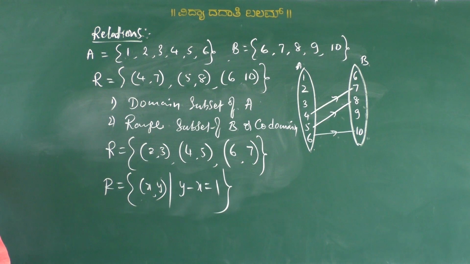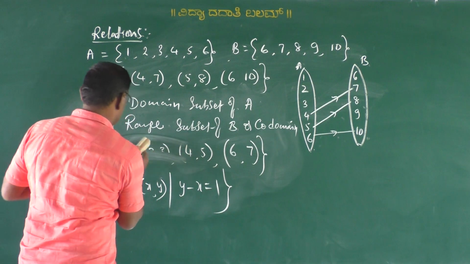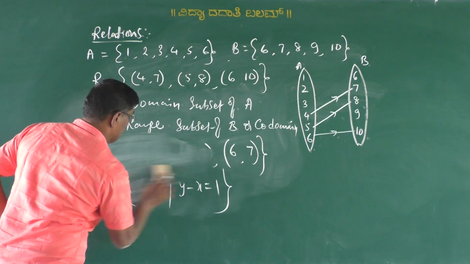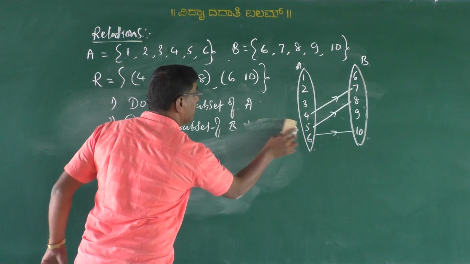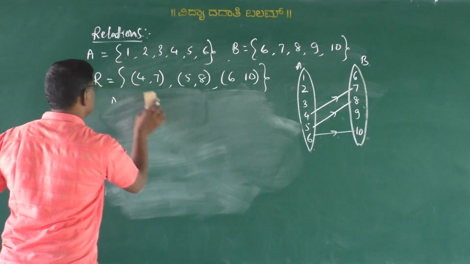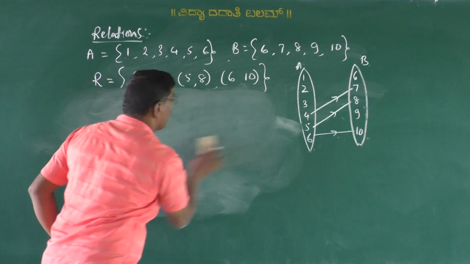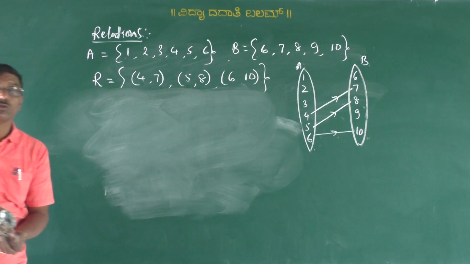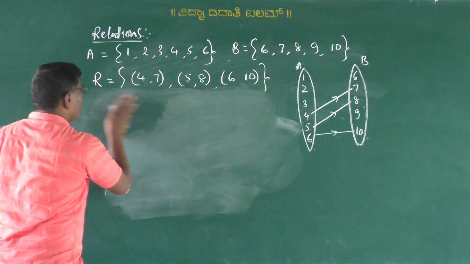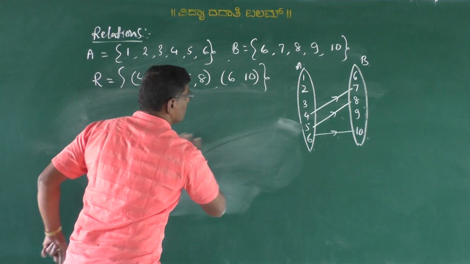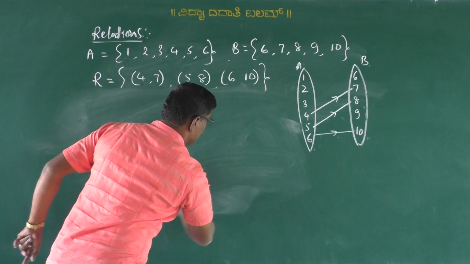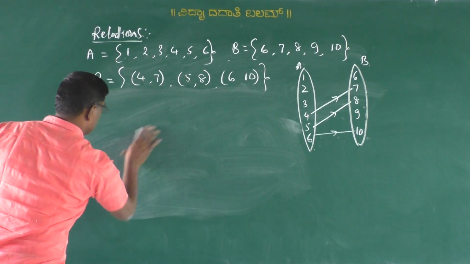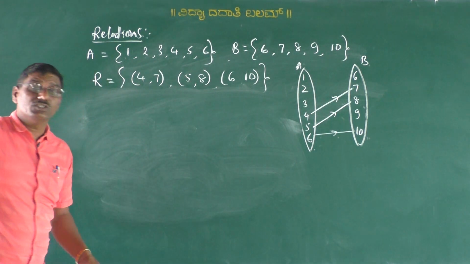And also, my dear students, we know another point. Generally, relations are represented through two methods, that is roster and which one? Set builder.